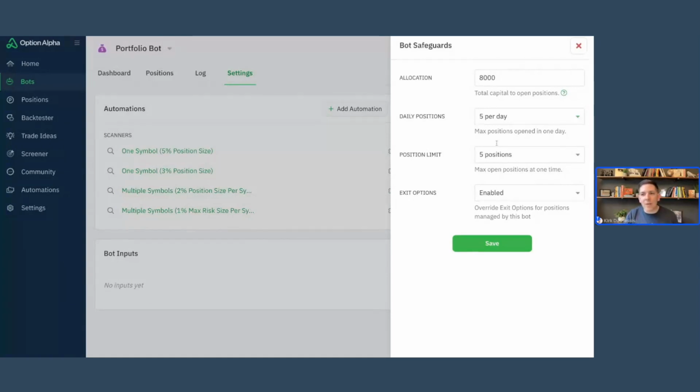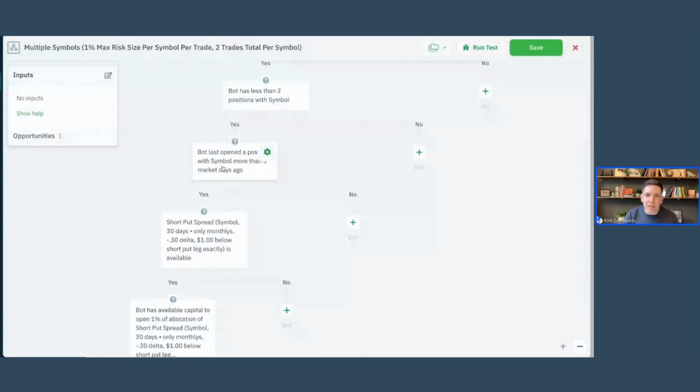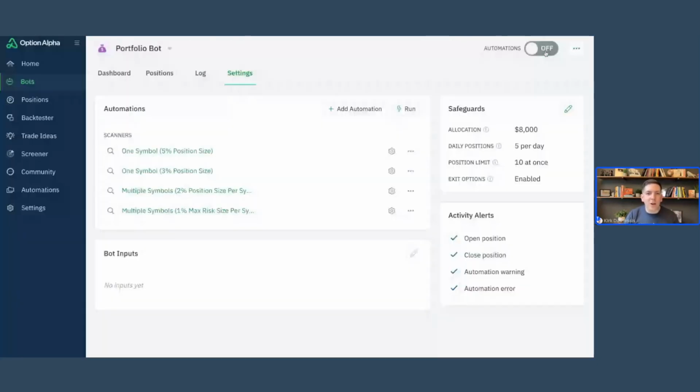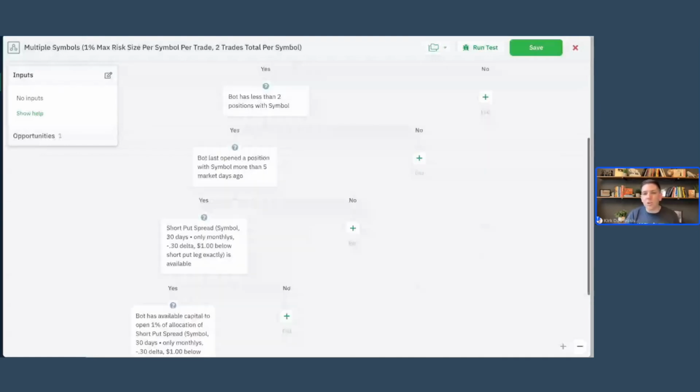Max positions at any one time is 10 positions, 2 in each of the 5 symbols. And you know your automation is going to do this for you by default to wait 5 days for every new entry. That's right here. So that's how the combination of these safeguards plus the automations and the decisions that you're running inside of your bot can create whatever combination you want to come up with.